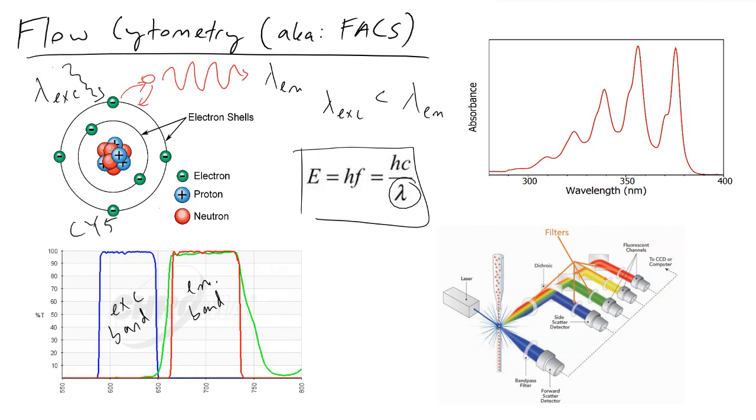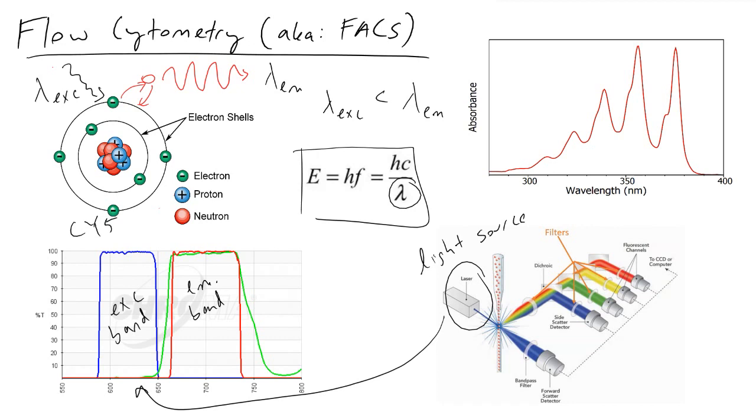And so the way that a flow cytometer works is we'll have a laser or some kind of light source like an LED. And the purpose of this light source is to basically generate the photons that are inside of an excitation band for your fluorophore.